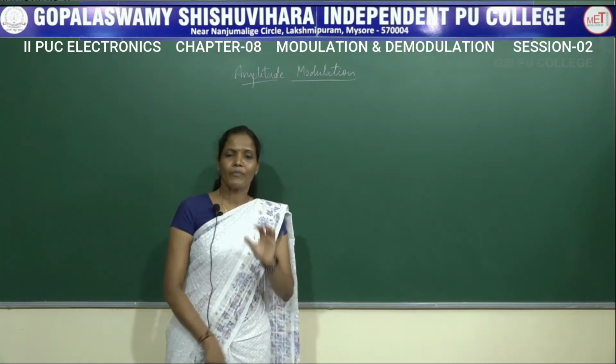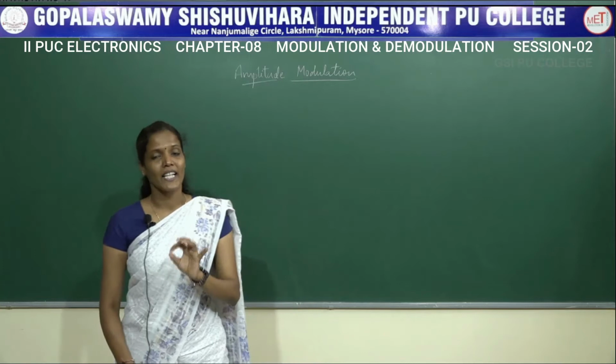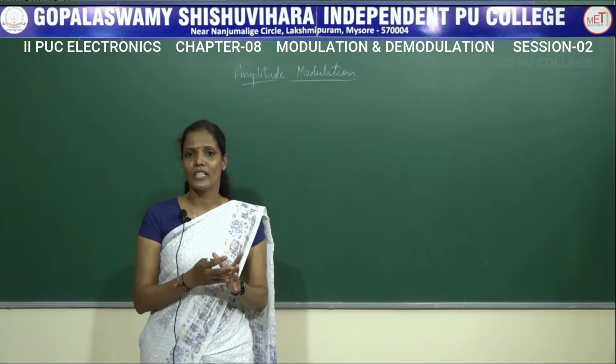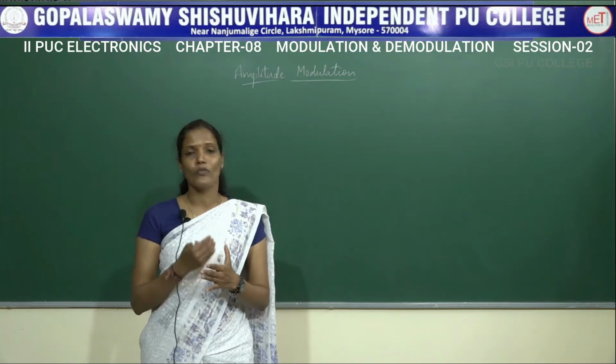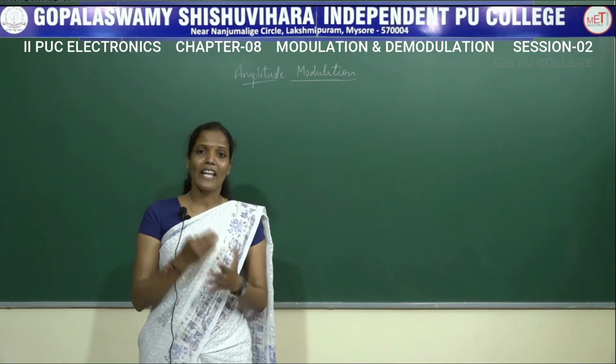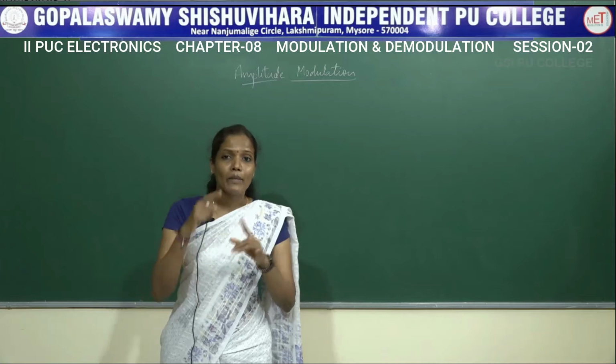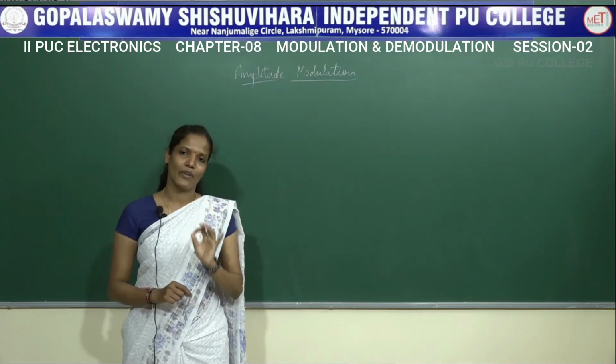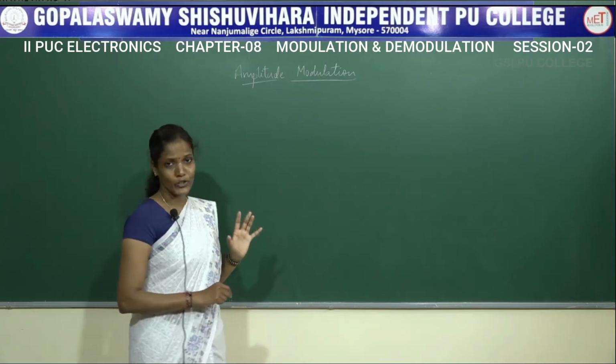Definition anta bandaga, the process in which the amplitude of a carrier signal varies in accordance with the instantaneous value of the modulating signal, or varies in accordance with the amplitude of a modulating signal, keeping frequency and phase constant, is called amplitude modulation.